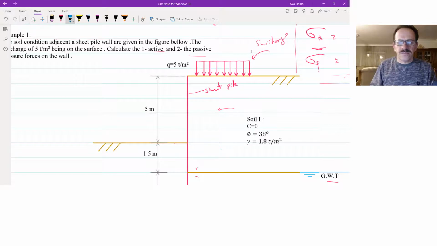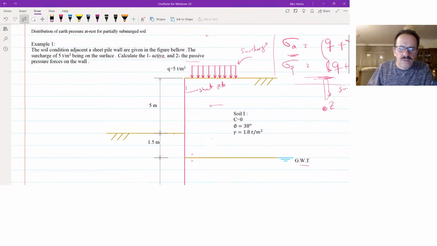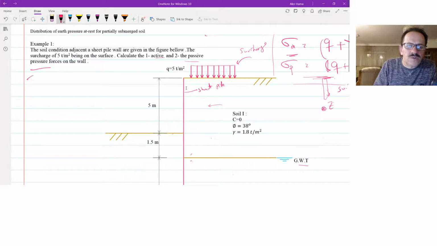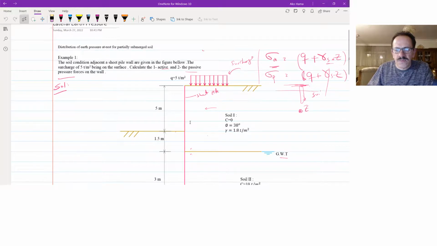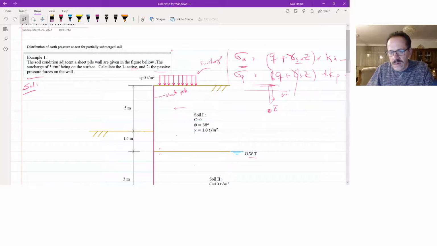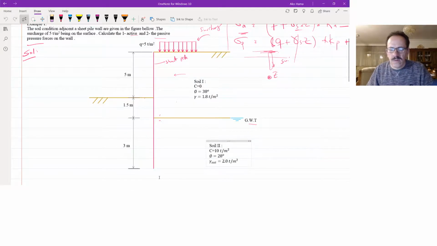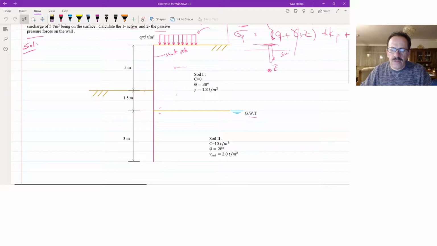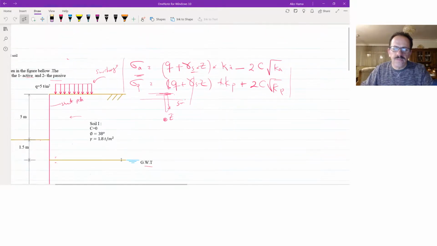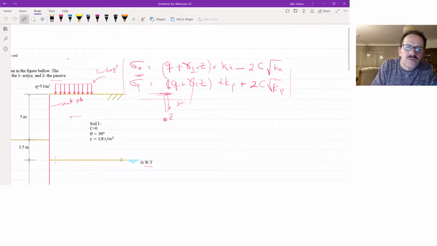First of all, to solve this one, we have to first calculate the values for each soil. So the solution will be like this. We have to find its Ka and Kp.